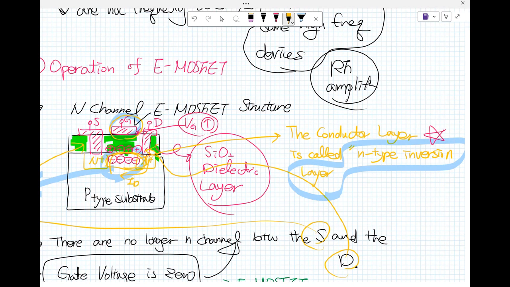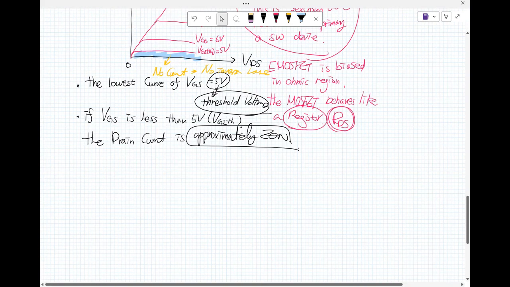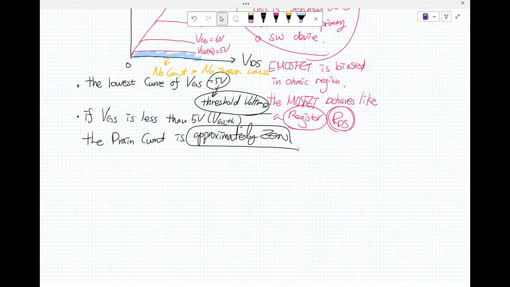But if V sub GS is greater than the minimum gate-source voltage, they can create it. Inversion layer means that the drain current is operating. Okay.